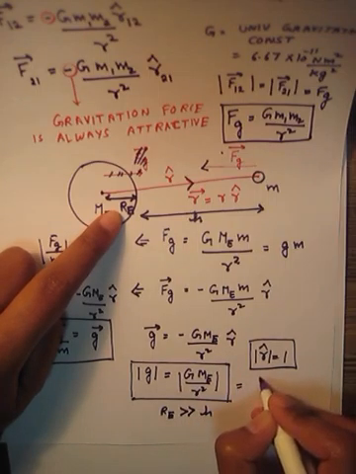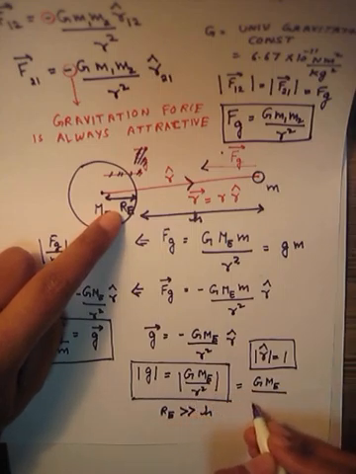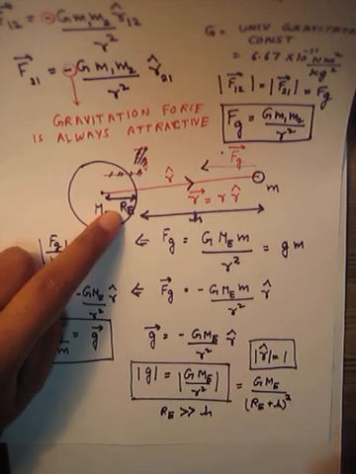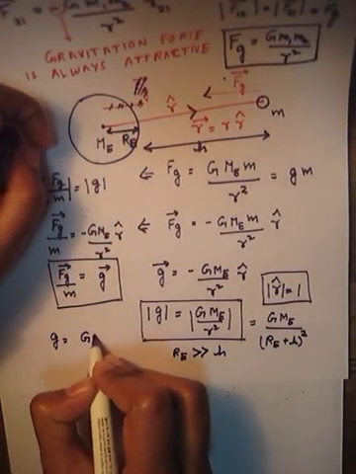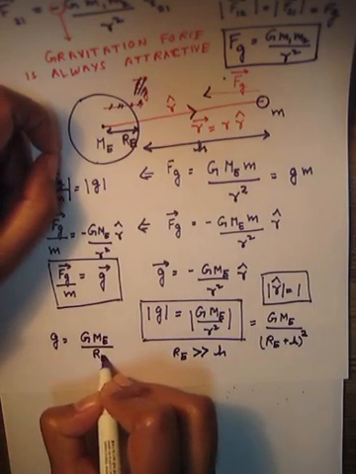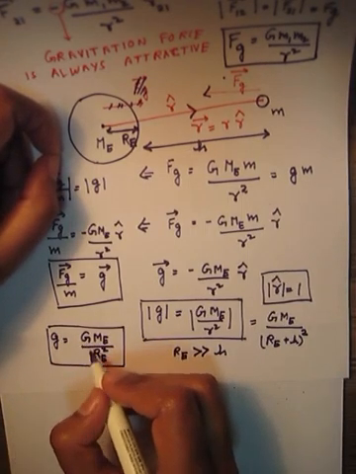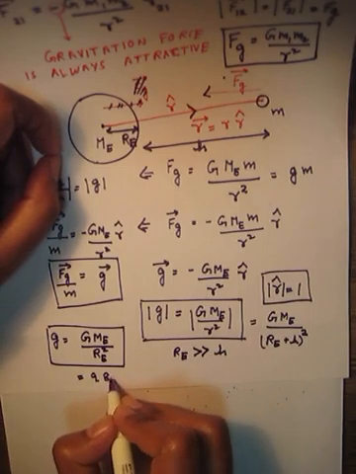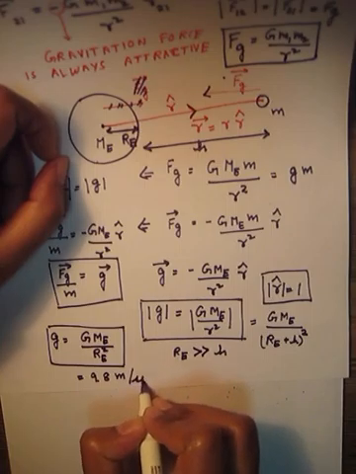In some problems you may have to use it, so r squared could be replaced by Re plus h squared. But if Re is very large compared to h, then g could be written as G mass of Earth upon radius of the Earth squared. If you put the values of mass of Earth, G, and radius of Earth, you will ultimately get g equal to 9.8 meter per second squared.